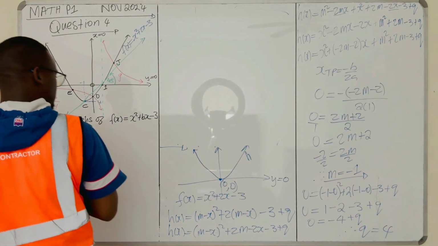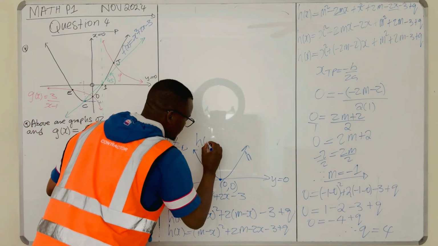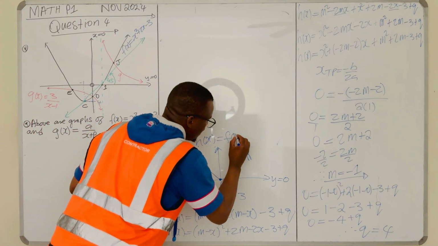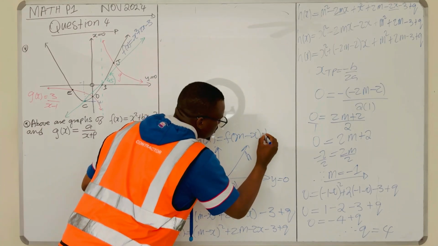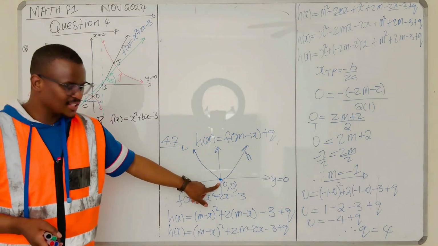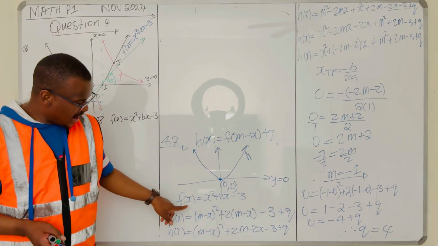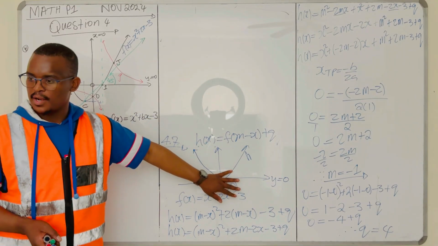So this is 4.7, right? They said h of x is equal to f of x minus m, plus q, right? Yes. This is what they said. So what do we do? Because we were told about this x-intercept, which is a turning point, try to write your f so that it talks about turning points as well.